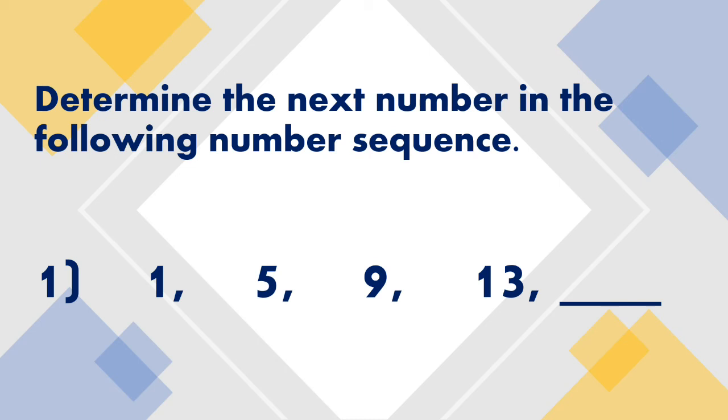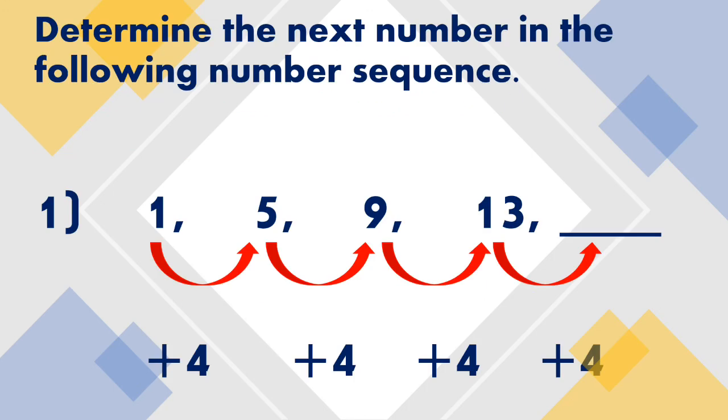What is the fifth term of the number sequence? So when we add 4 to the previous term, we can get the next term. If you answer 17, you got the correct answer.